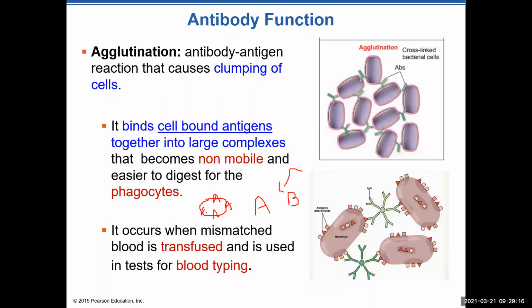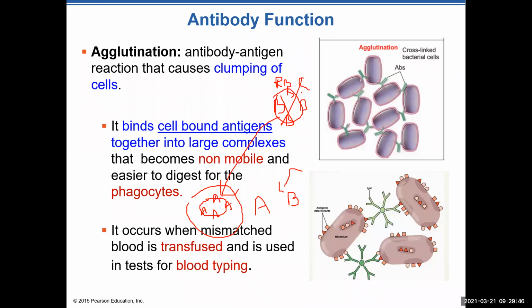But God forbid I'm given blood group B, which has B antigens on its plasma membrane, right? So this will be considered foreign, and my body will not take this. Immediately my antibodies will start agglutinating all these RBCs. RBCs will be agglutinated, okay?